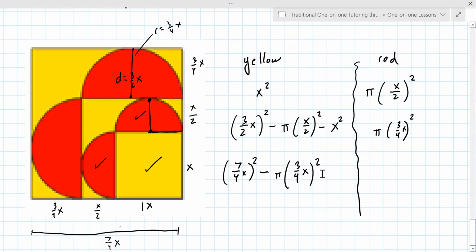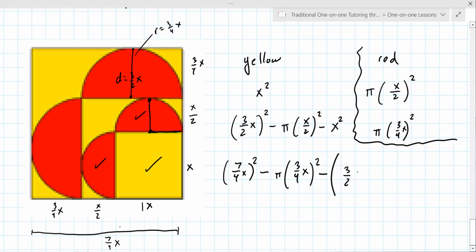We have to subtract out this yellow square, which is 3/2 x squared. And that takes care of this one here.